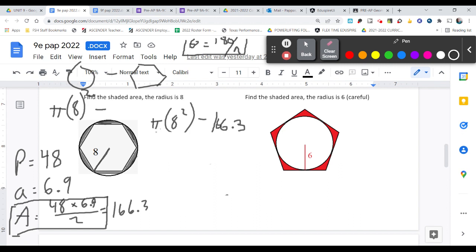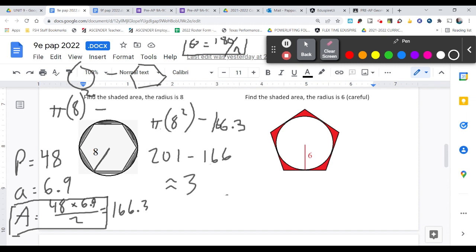Yeah, I mean, it's just a rounding thing. So 165, 166. These big numbers are going to get a little off depending on how you round. So if our answers are just 1 or 2 off, it's not a big deal. So I believe that was about 201, and we minus the 166. 34.7.